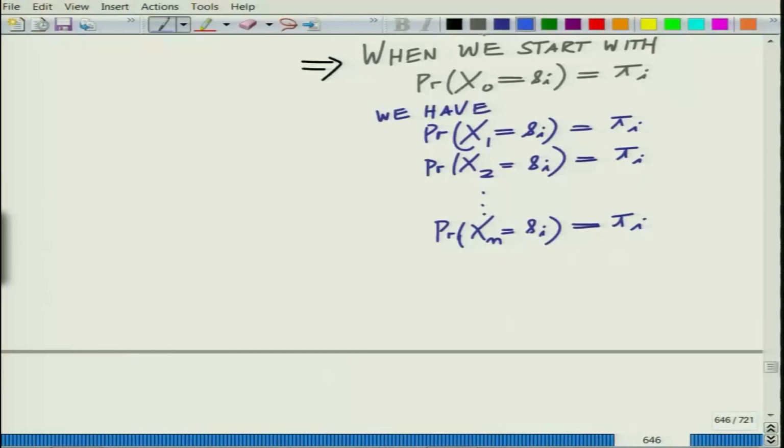So, this distribution is a stationary distribution. If you start with the distribution pi bar, that distribution remains for the states at the next time instant, at the time instant after that, and so on.